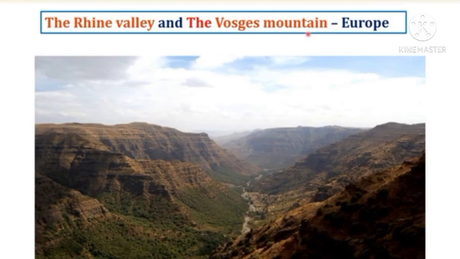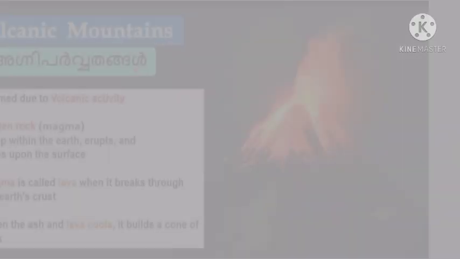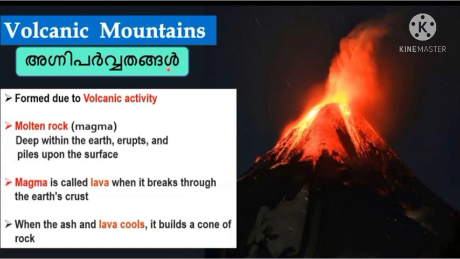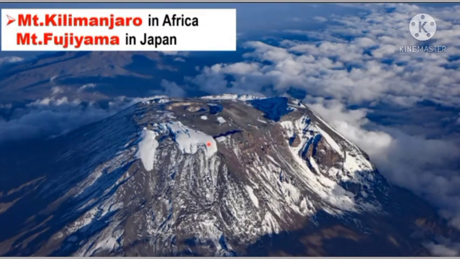Locate them on the world map in the atlas and find out some more examples of this type of landform. Volcanic mountains are formed due to volcanic activity. Mount Kilimanjaro in Africa and Mount Fujiyama in Japan are examples of such mountains.